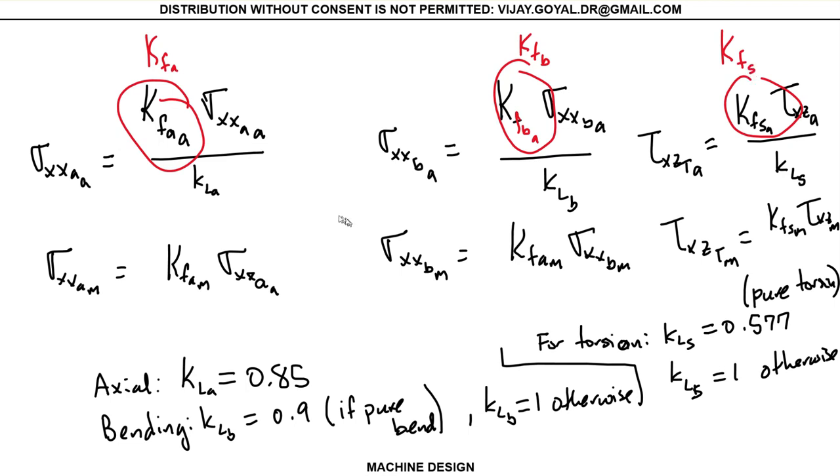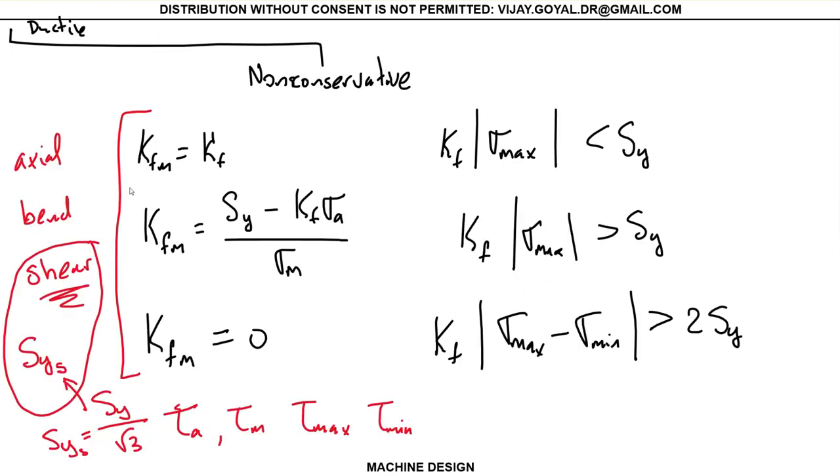Okay, so this is not going to change. What mainly changes is these values. If you're using classical, they're all the same. If you're using conservative, this is all equal to 1 for the mean. If it's non-conservative, then you have to do your rules that we talked about here, okay? So you have to use these.